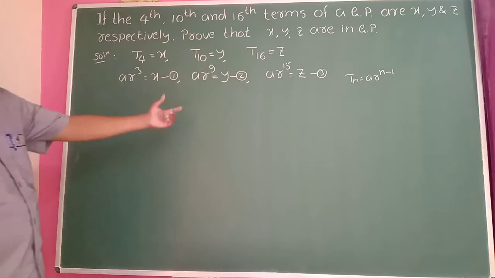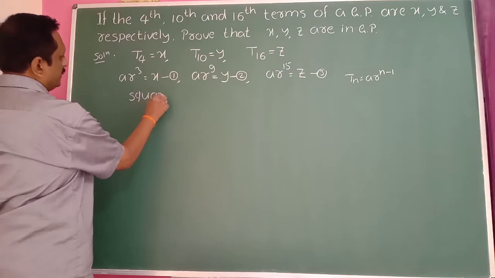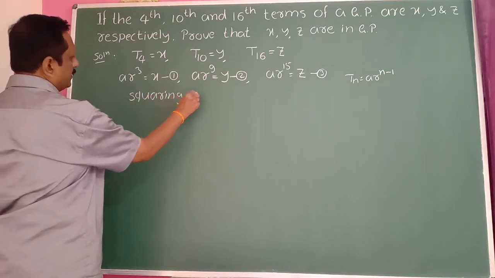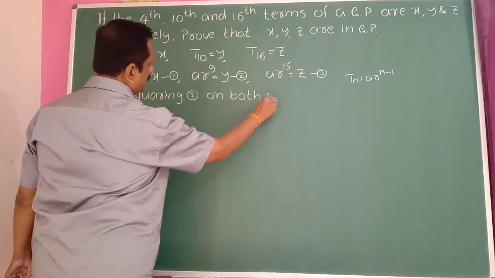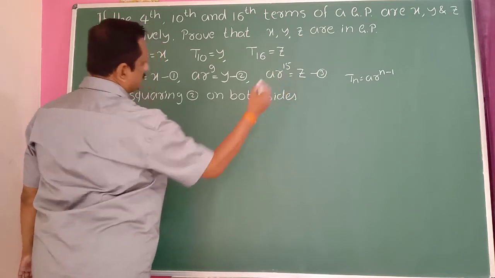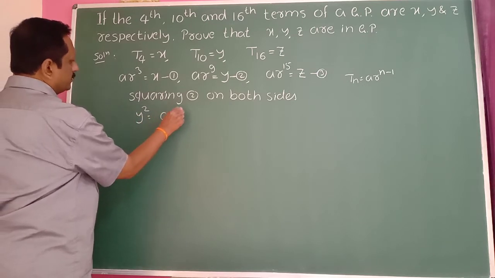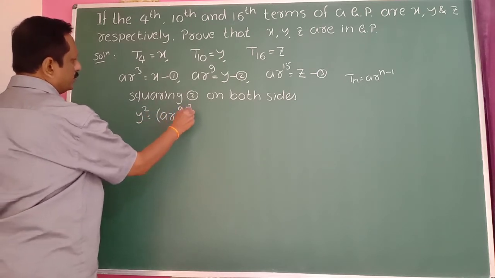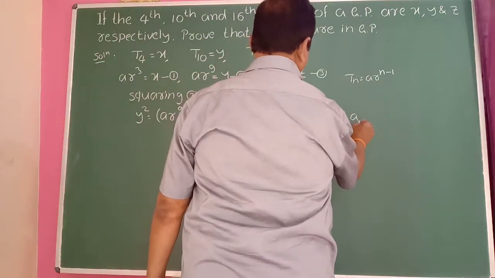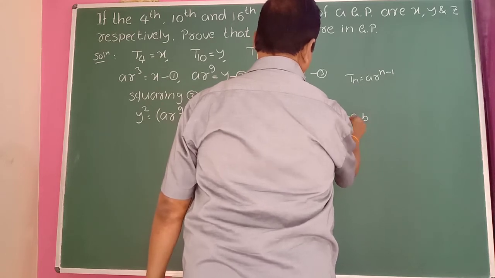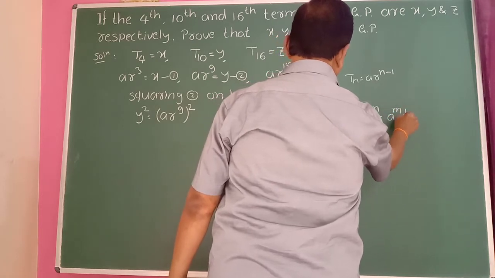So squaring equation 2 on both sides. Therefore, y square is equal to A R raised to 9, whole raised to 2. Squaring on both sides, you know the laws of indices: A into B whole raised to m is equal to A raised to m into B raised to m.